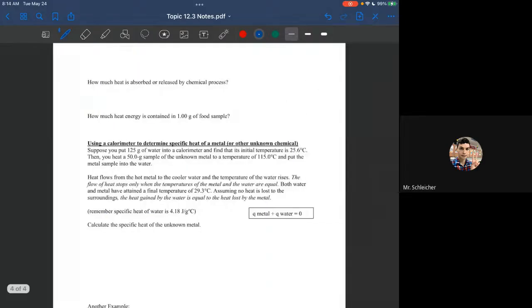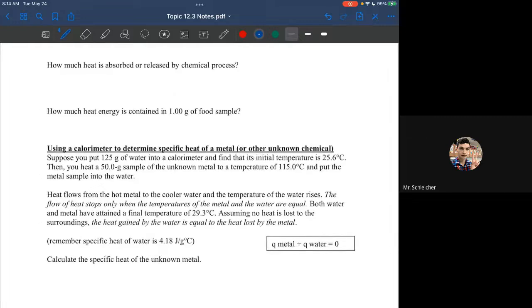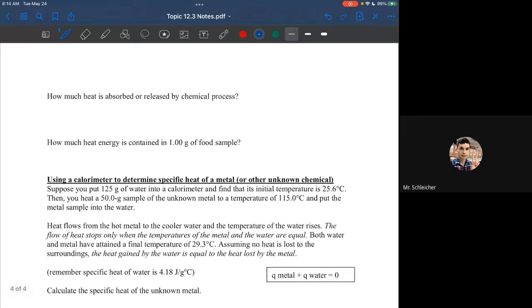All right. So how much heat is absorbed or released by the chemical process itself? All right, so this is a bit of a new concept. We can assume this, y'all. The heat absorbed is just equal to the opposite of the heat released, right? So if our solution absorbed 130 whatever thousand joules of energy, then that means the chemical reaction released that much energy.